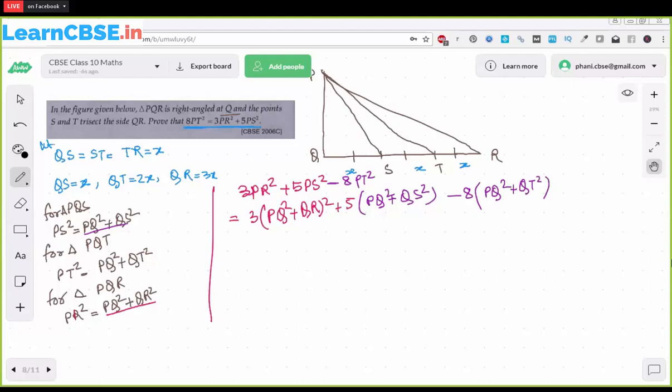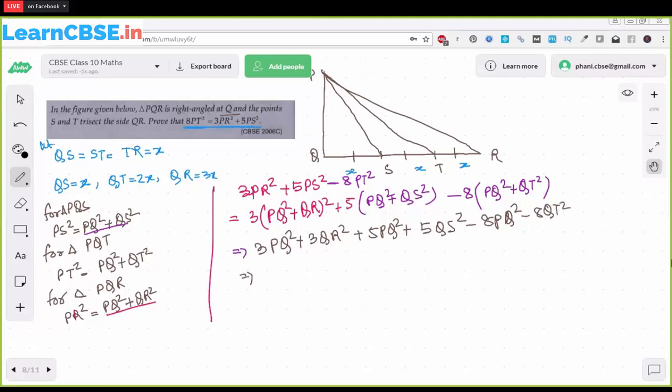Now we are going to simplify it. 3 times PQ square plus QR square can be written as 3 PQ square plus 3 QR square, plus 5 PQ square plus 5 QS square, minus 8 PQ square minus 8 QT square.